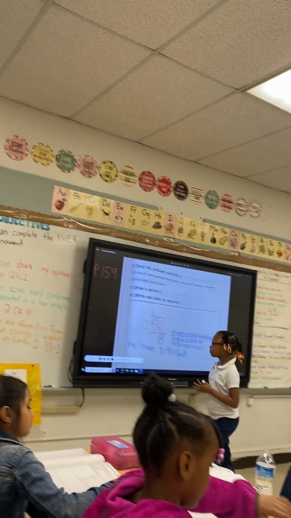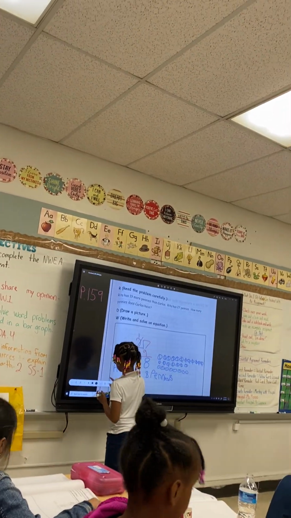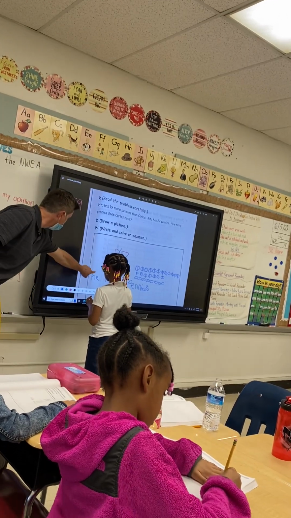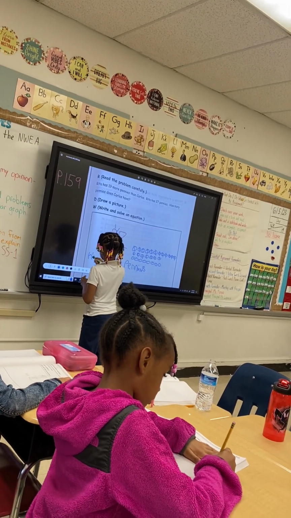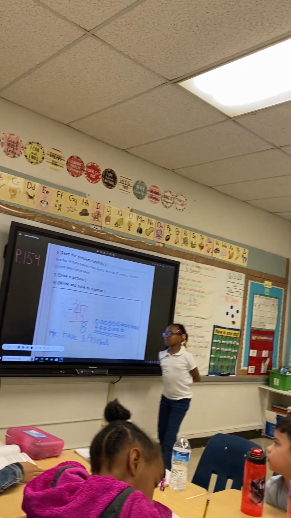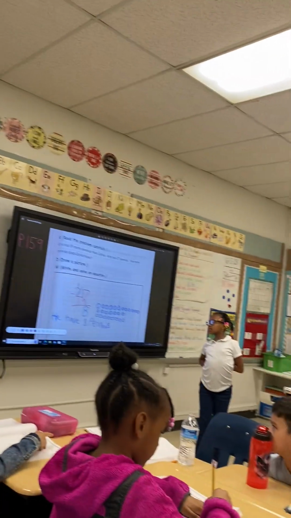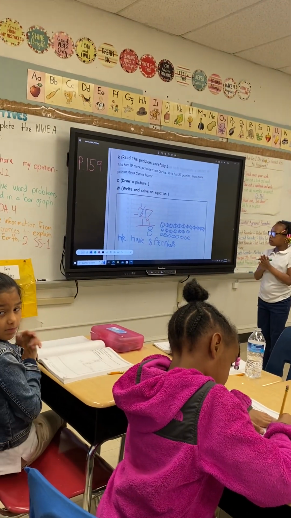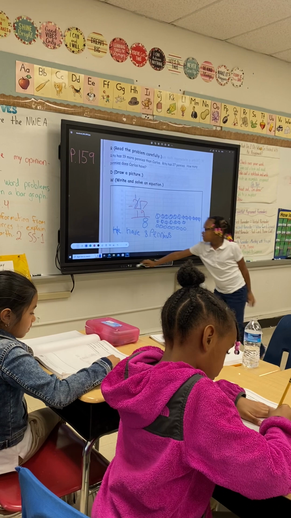Capital. So can we make that H a capital H? You actually don't even need to really erase anything. You could just extend the line on the right side. There you go. So he has 8 pennies. One more round of applause for Maya.